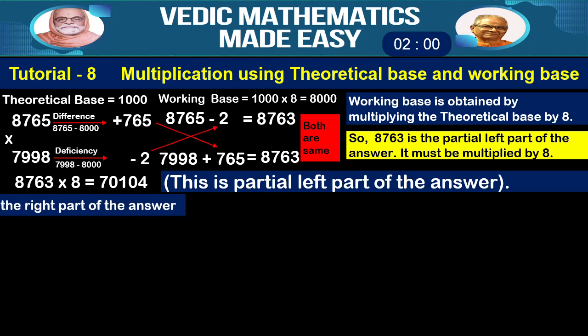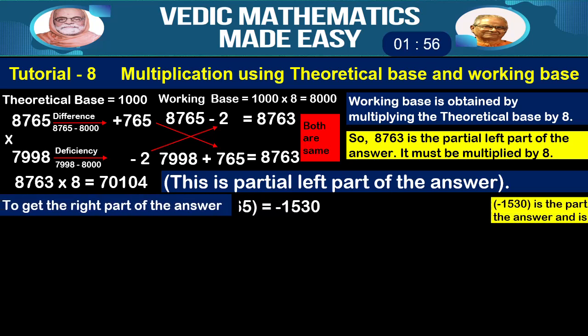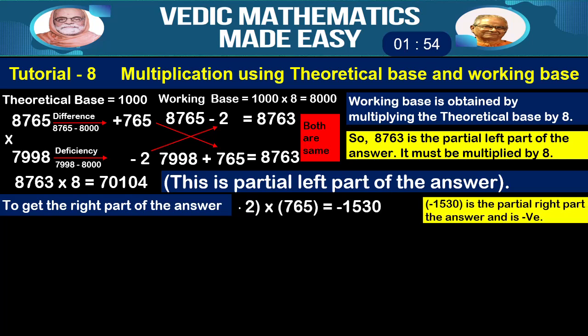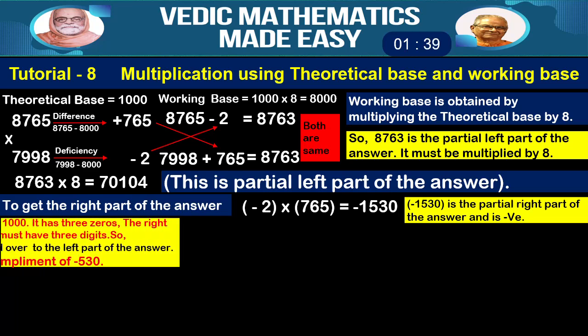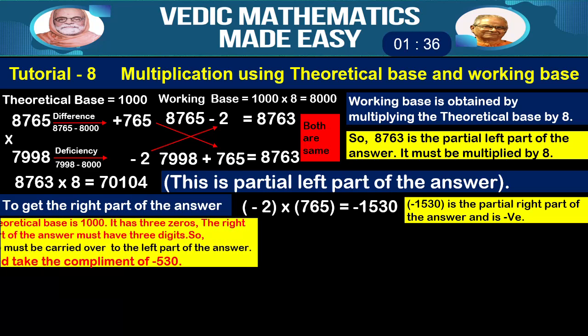To get the right part of the answer, minus 2 into plus 765 is equal to minus 1530. It is the partial right part of the answer and is negative. Theoretical base is 1000. It has 3 zeros.